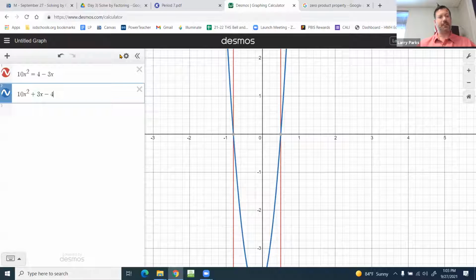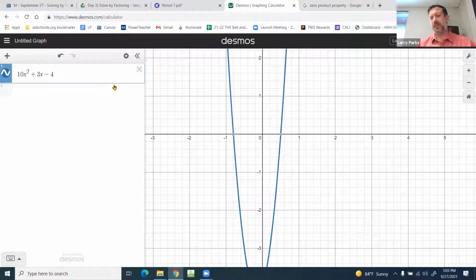Interesting. They look different. So I guess just to be consistent, I don't know why they're not the same. Okay. So yeah, we probably should put this in standard form on Desmos before we use it.